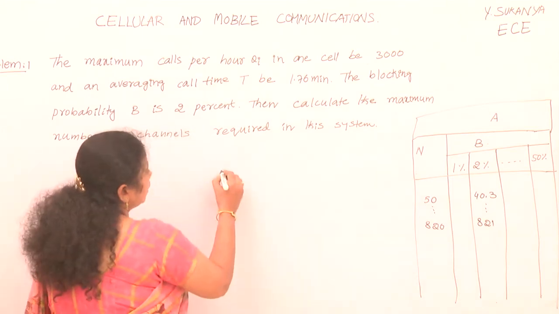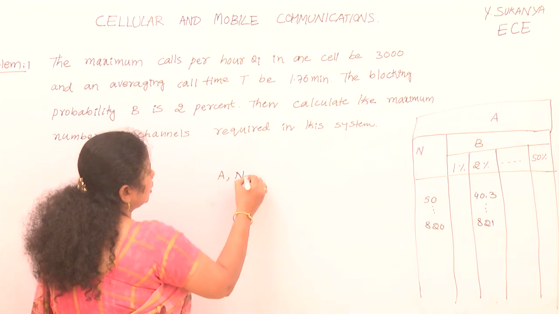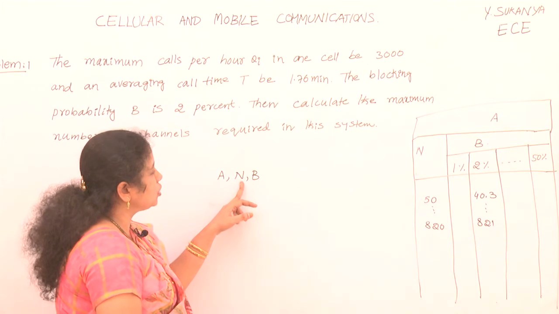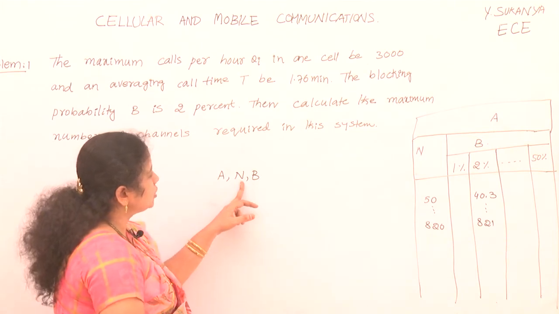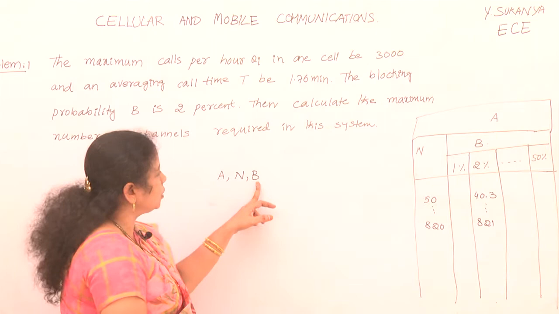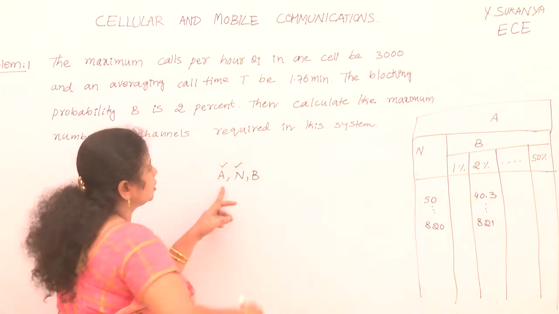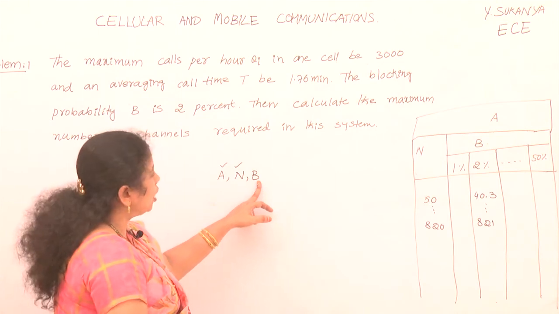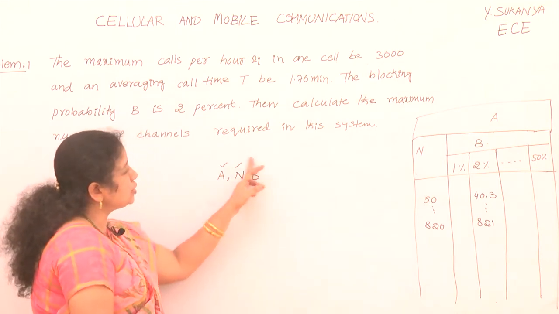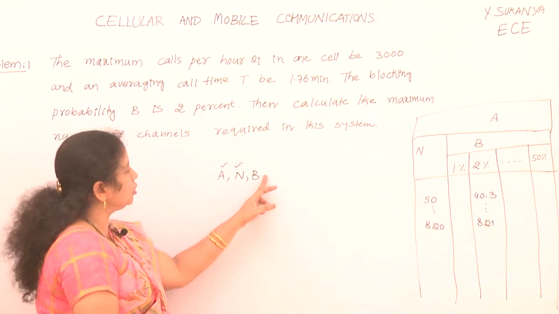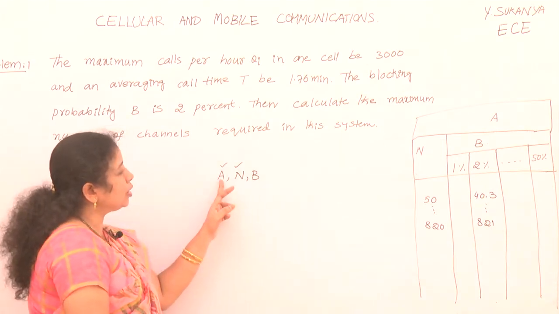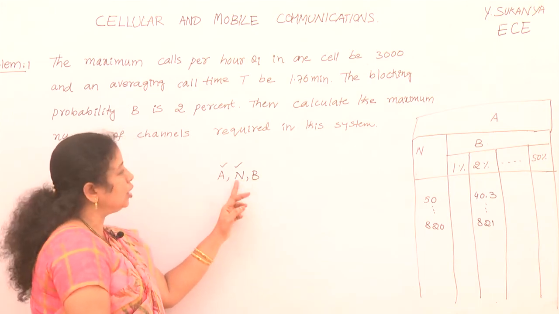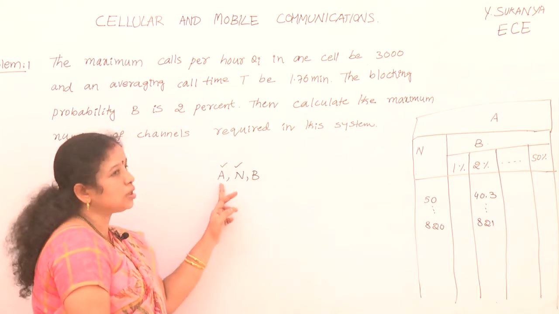For example, consider A, N and B. A is the offered load, N is the maximum number of channels in the system, and B is the blocking probability. If any of these two parameters change, then it leads to a change in the third parameter also. Actually there exists a table consisting of all these three parameters. For particular values of A and N, what is the blocking probability? Or if N and B are given, then what is the offered load?